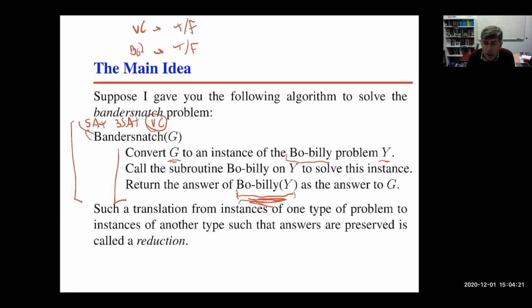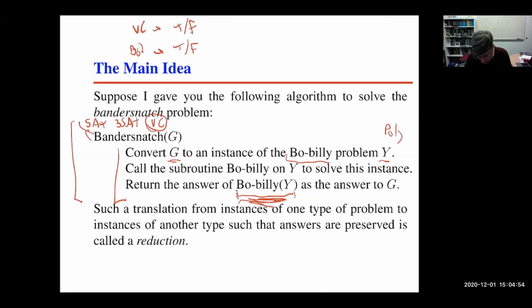But what do we know about vertex cover? It is hard. We have proven it is hard. There is no fast algorithm for it. So if there is no fast algorithm for vertex cover, and there would be a fast algorithm for vertex cover if there was a fast algorithm for mobility, what did we do? We just proved that mobility has to also be hard, so long as this translation happens in polynomial time.